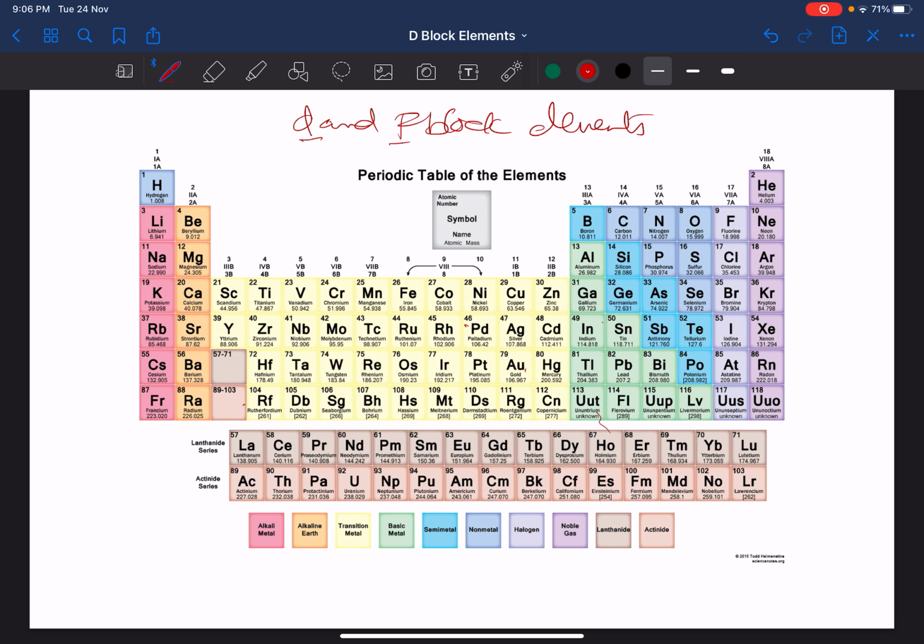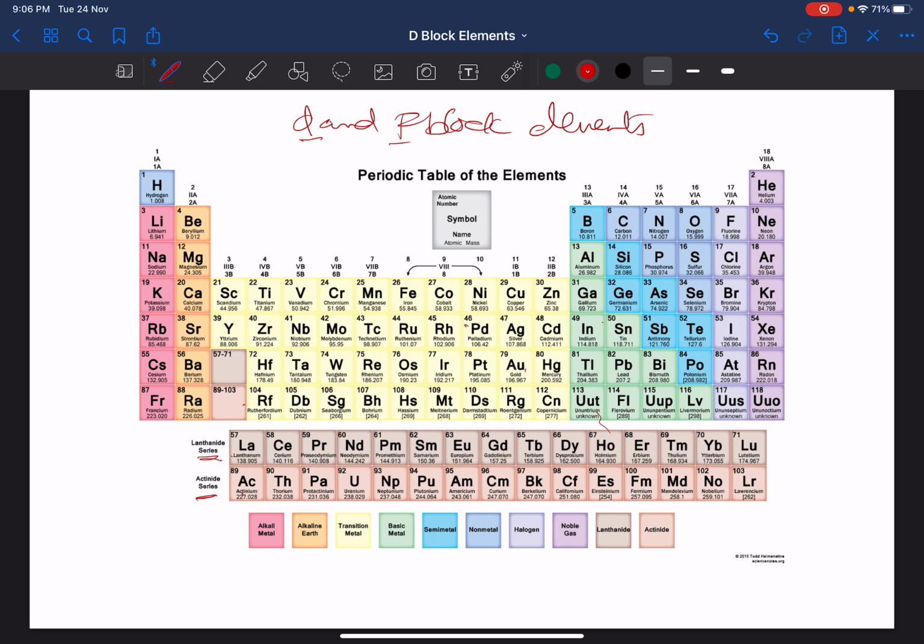So that is the basics of the D block elements, and next we will go to the F block elements. The F block elements are located in two periods below the periodic table, called the lanthanide series and the actinide series.